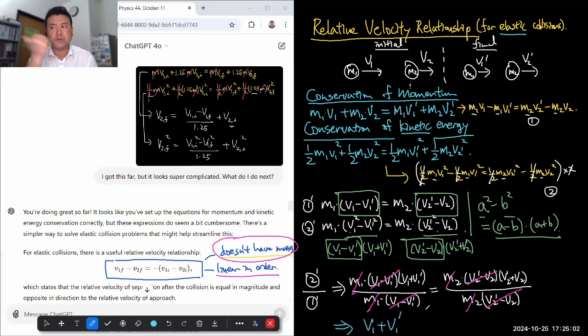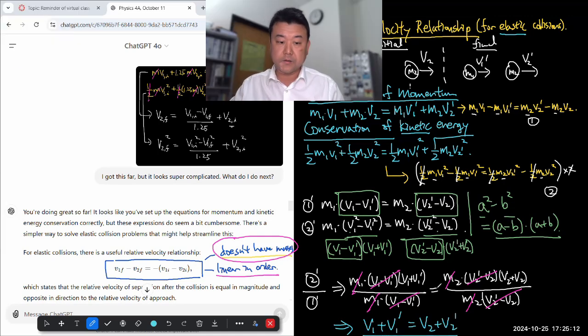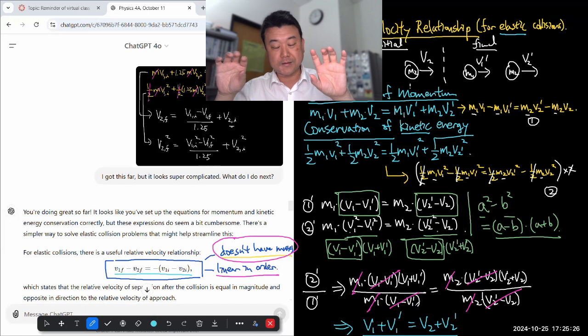If it's somehow moving to the left, then you make it negative. That's equal to v2 plus v2 prime. Now, it's in a slightly different form from how ChatGPT had it, but I think I actually like this form better. I think I can remember this a lot better. Sum of velocities of one object is equal to sum of velocities of the other object.